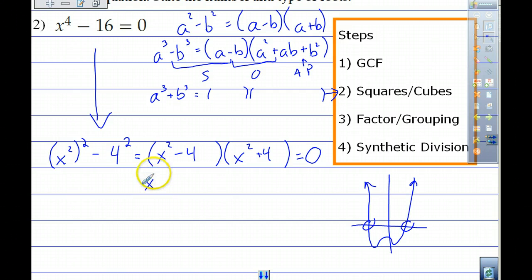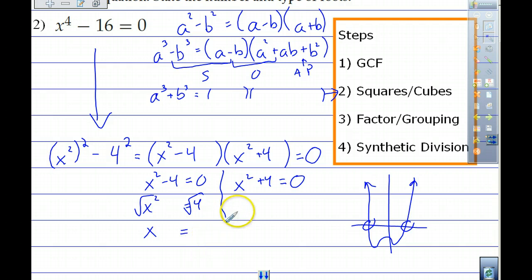So we have x squared minus 4 equals 0, and x squared plus 4 equals 0. Solve each one. X squared equals 4, x equals plus or minus 2.